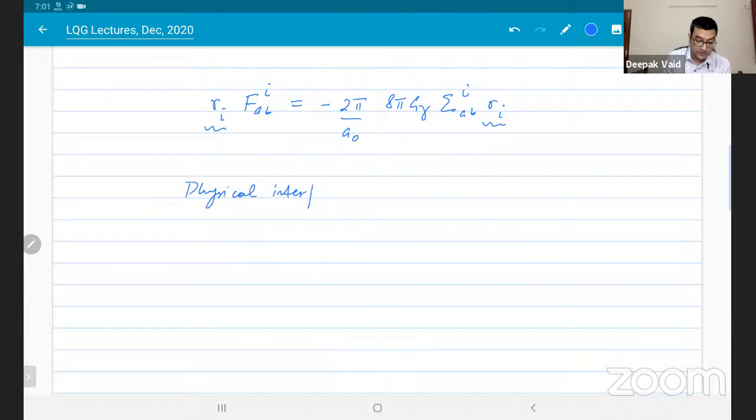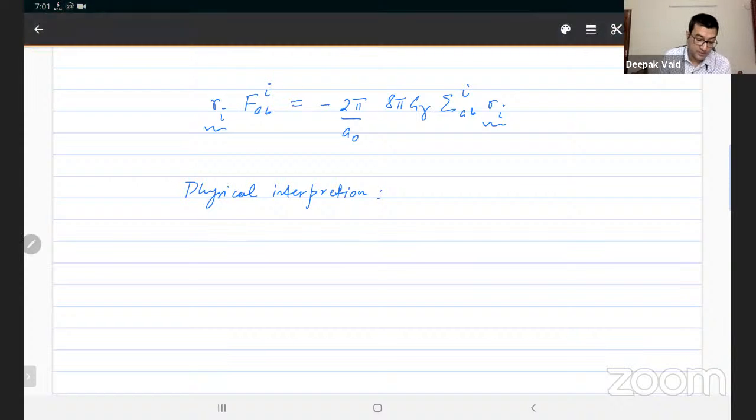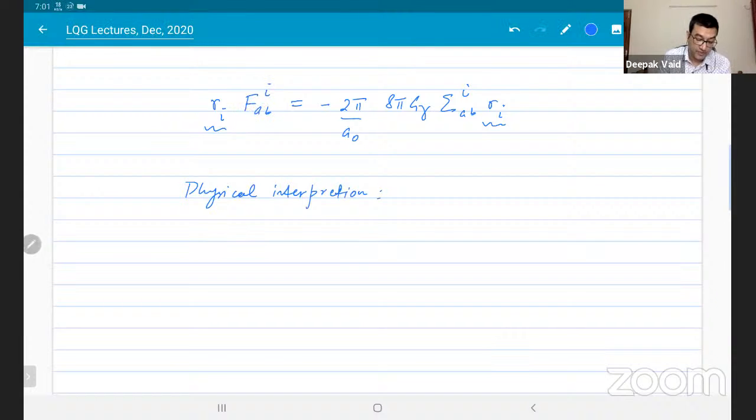So what is that physical interpretation? What is this, right? This is the flux of the connection, this thing. So if you consider, again, that picture in terms of loops and fluxes, you have some loop.